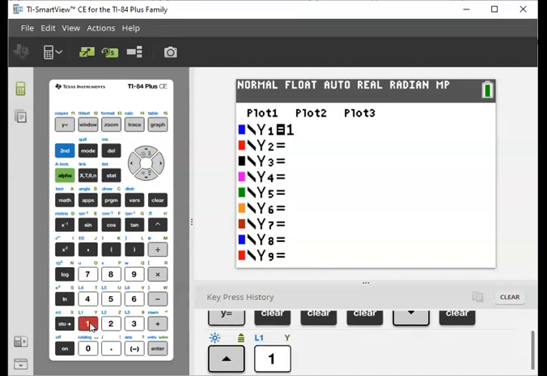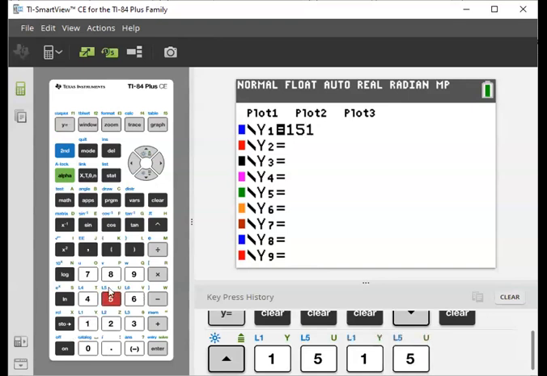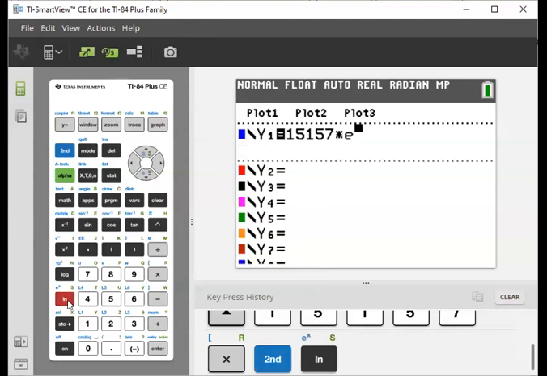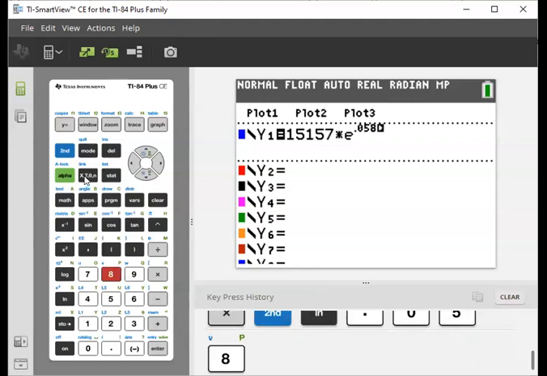So 15,157 times e, and e is second ln, raised to the 0.058t, and we don't have a t, so we just use an x for that.